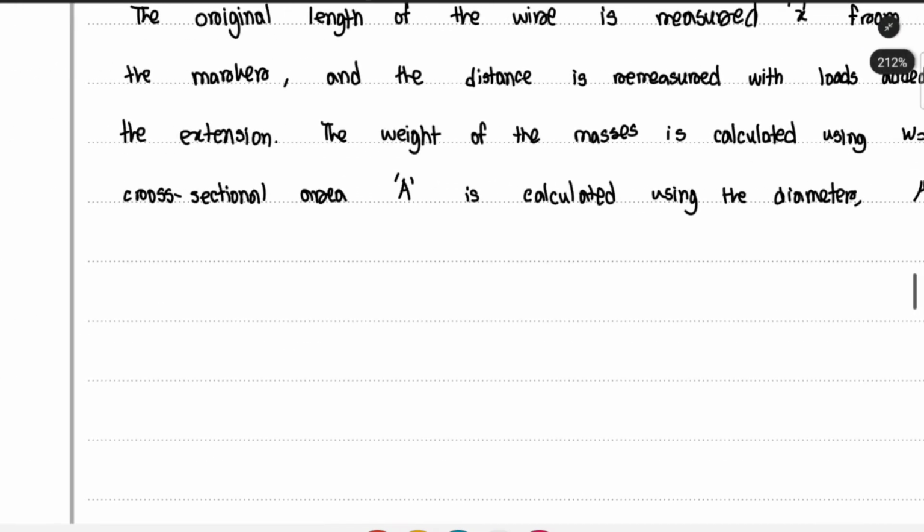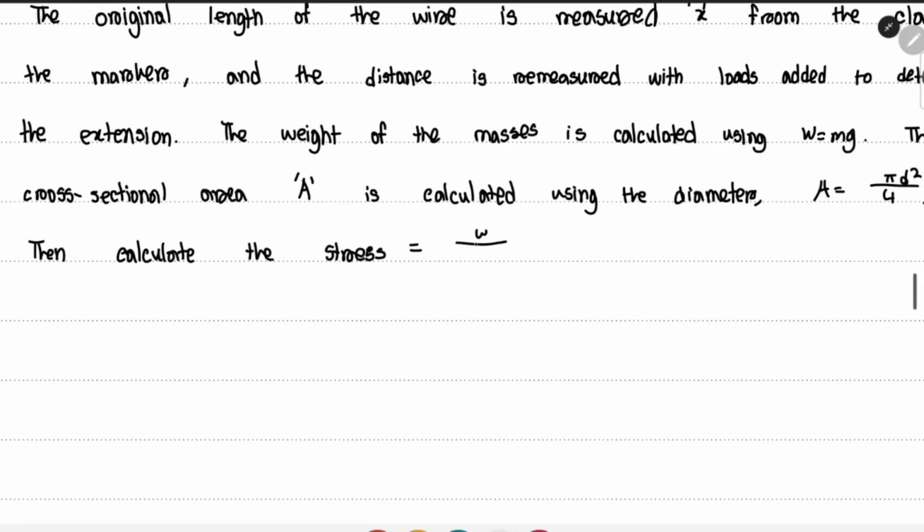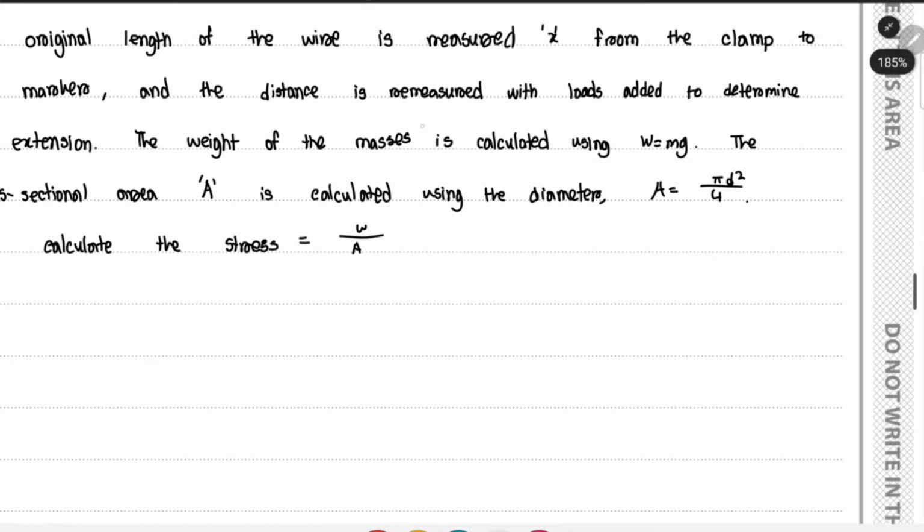So before we can draw our stress strain graph, we need to actually calculate the stress and strain. So then calculate the stress, which is W by A. Since the force is the weight, I'll name it W over here.